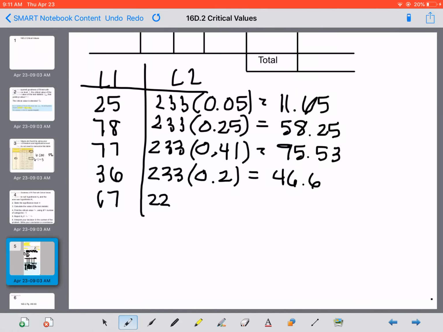And then our last category, 233, is 9%, so that's 0.09, and that is 20.97. So now we have our values, so let's go to our calculator.